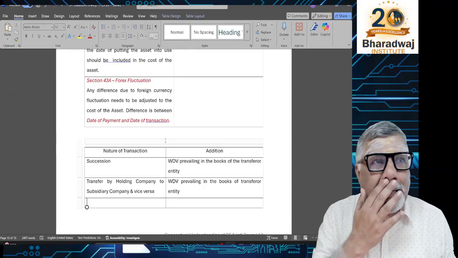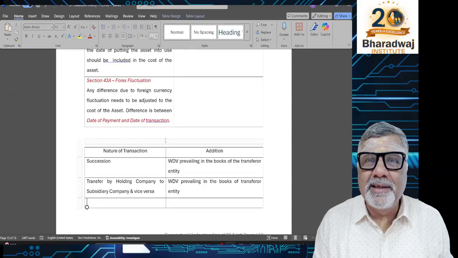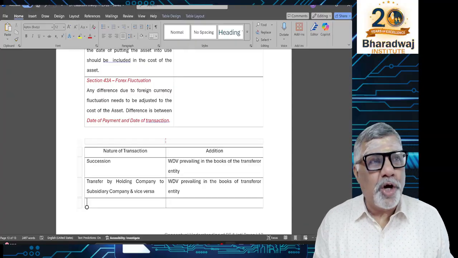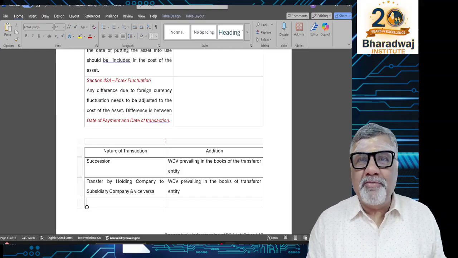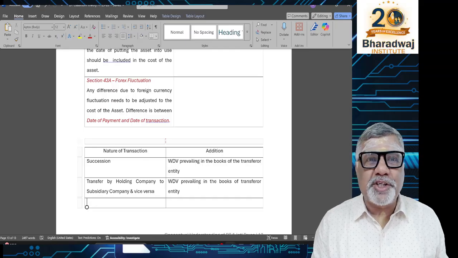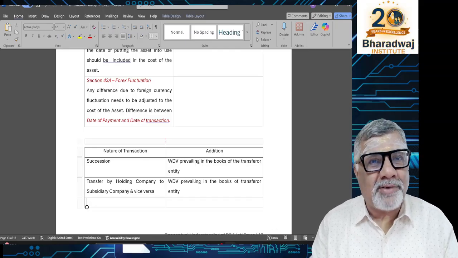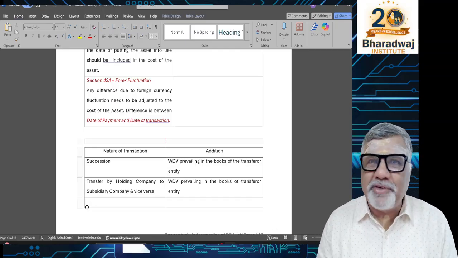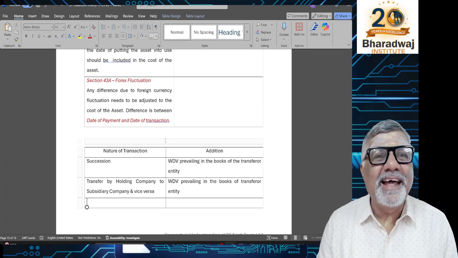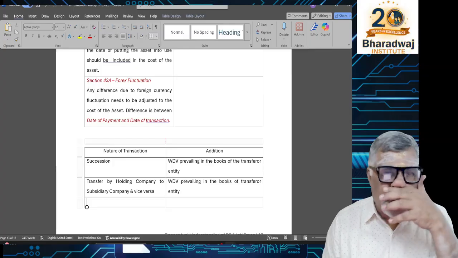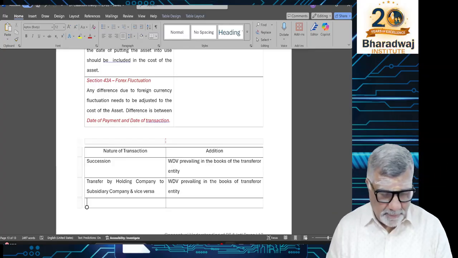He cannot record it at any other value other than 15 lakhs. So in the next chapter, they are going to say amalgamation, demerger, conversion, holding subsidiary transactions are not regarded as transfer. You need not give me that provision, sir, because you are not allowing me to record at any other value. Are you understanding the logic? Okay, right, fine.